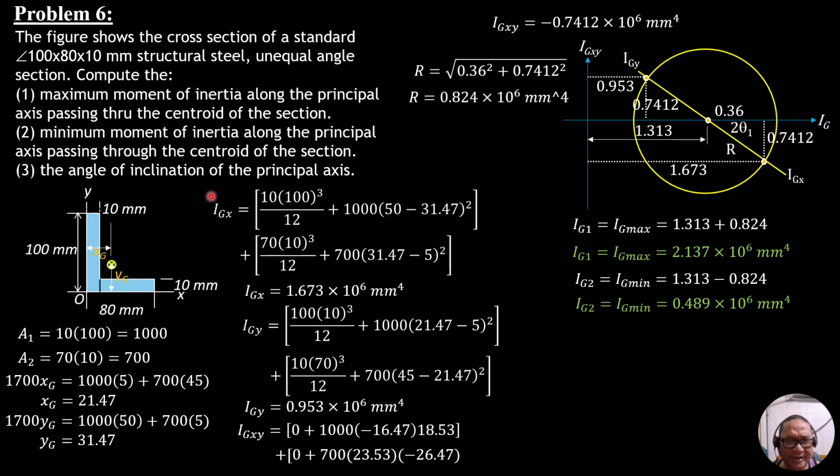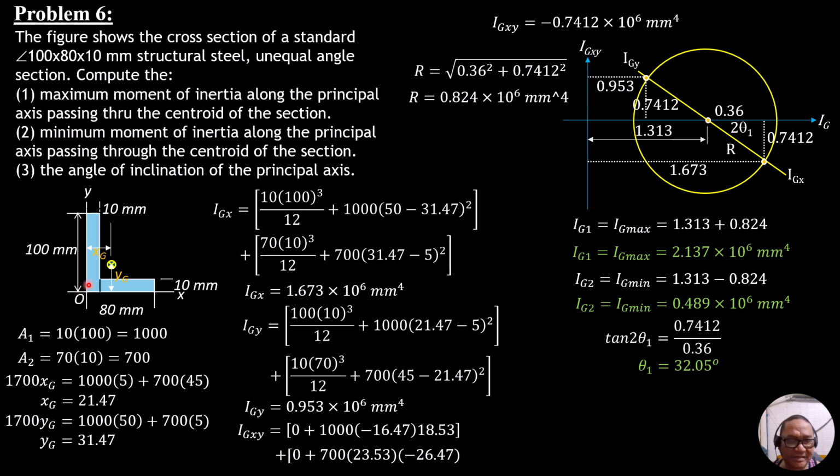Then the angle of inclination of the principal axis from the centroidal x-axis to the principal axis 1 is counterclockwise, and that is positive direction. Tangent of theta is 0.7412 divided by 0.36, so theta 1 is equal to 32.05 degrees.